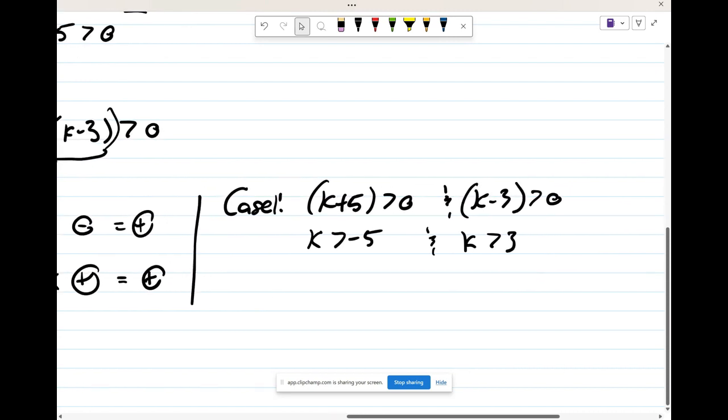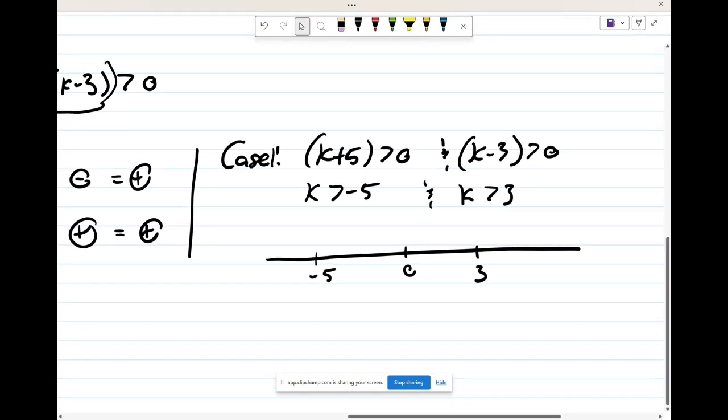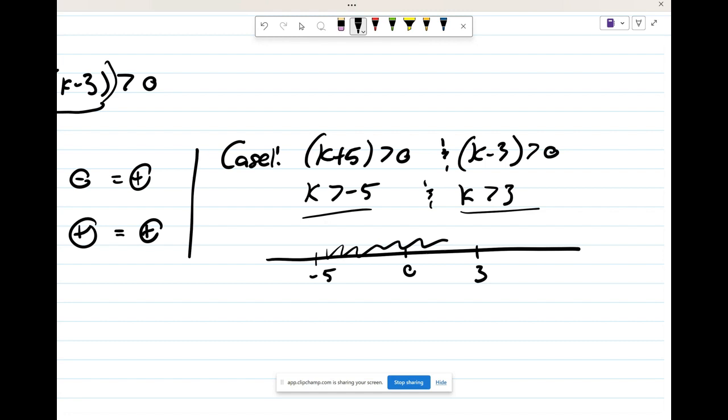If we drew this, if we had 0 there, -5 would be down here, and 3 would be up here. If we want k to be greater than 3 and greater than -5 at the same time, then if it was anywhere in here, it would only be greater than -5, but we need to include k greater than 3.